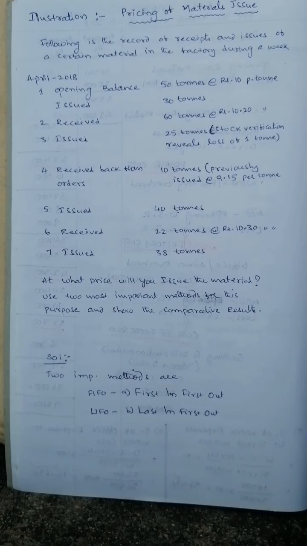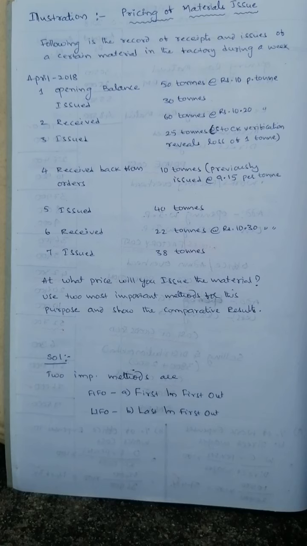In the case of bin card, we can find out only material in units, but in the case of stores ledger, material in units you can find out, and at the same time you can find out the amount also. And stores ledger is maintained by cost accounting department. In the case of bin card, it is maintained by a storekeeper.